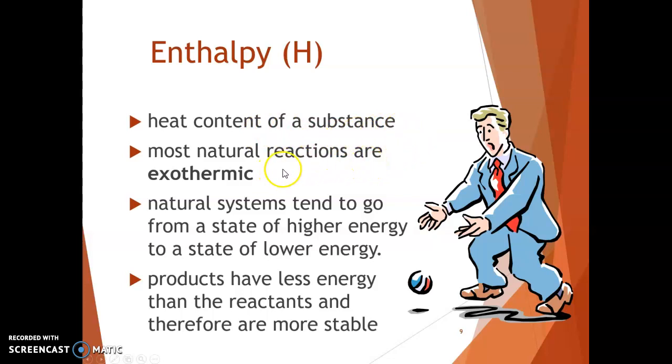Most chemical reactions that occur naturally are going to be exothermic, and we'll find out why a little bit later when we talk about Gibbs free energy. So exothermic because they go from a state of higher energy to a state of lower energy, kind of like a ball naturally falls from the higher gravitational potential energy to the area of lower gravitational potential energy.